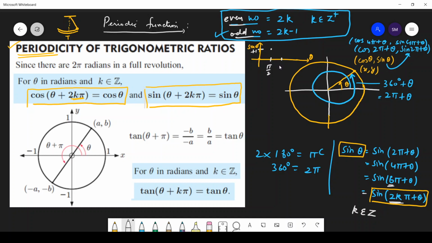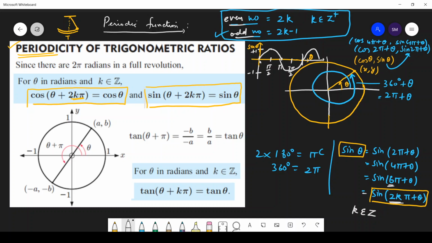When this is 180 degree, then the value of sine becomes 0, and at 270, meaning 3 pi by 2, the value becomes minus 1, and then at 2 pi again 0, and then again, students, the same wave will start.